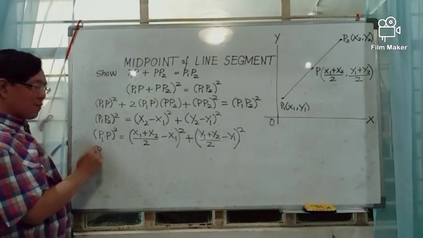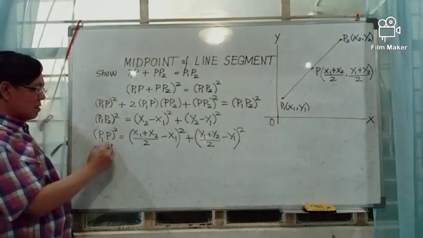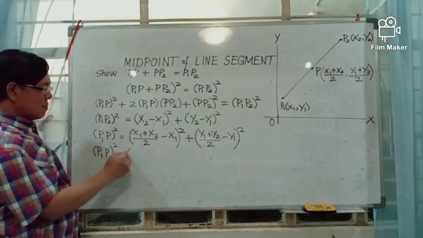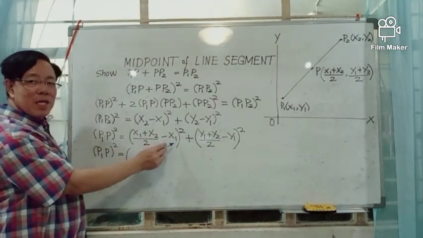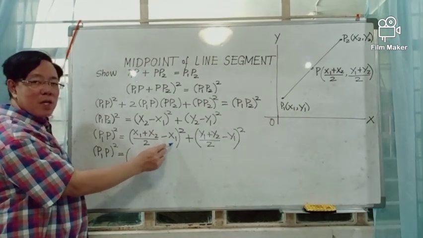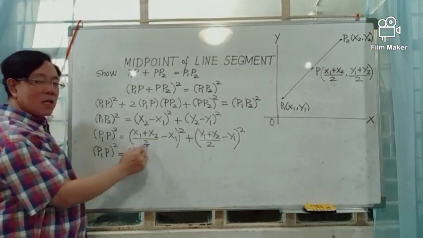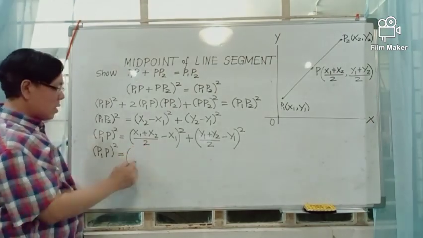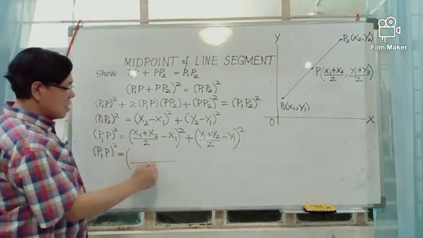The square of the distance between P1 and P equals the denominator of x1 is 1, and we get the LCD, lowest common denominator, between 2 and 1, and the LCD is 2.